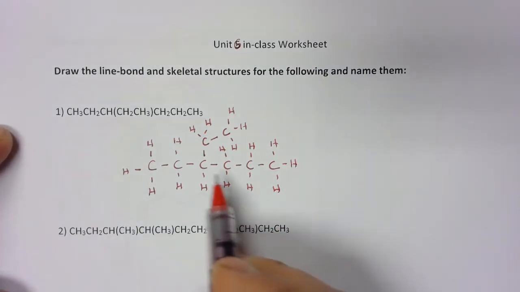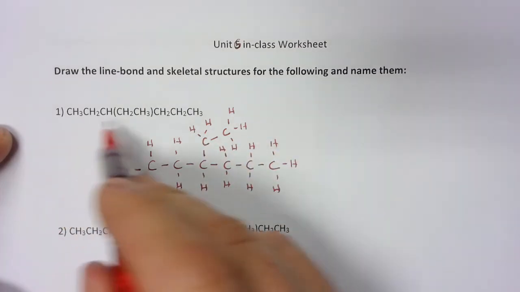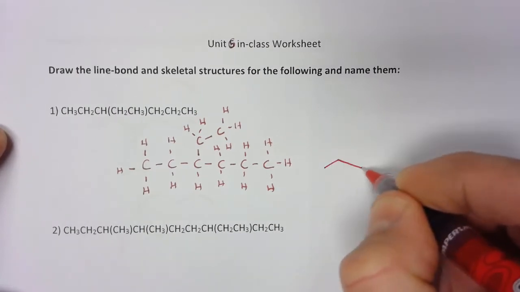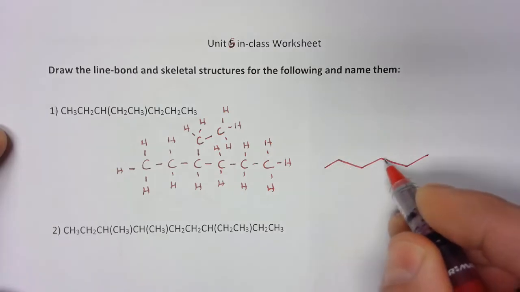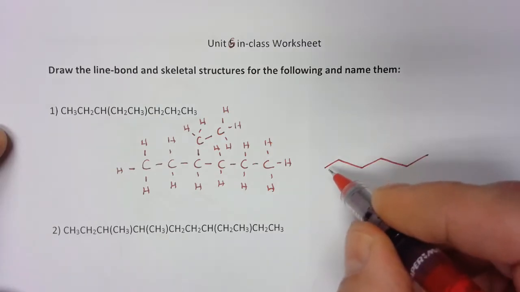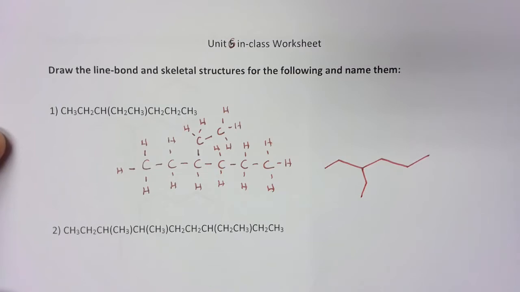Each carbon has 4 bonds. For the skeletal, I'm going to do the same thing. Draw my 6 carbon parent chain. 1, 2, 3, 4, 5, 6. And then on the third carbon, 1, 2, third carbon, I'm going to put an ethyl group, like so.